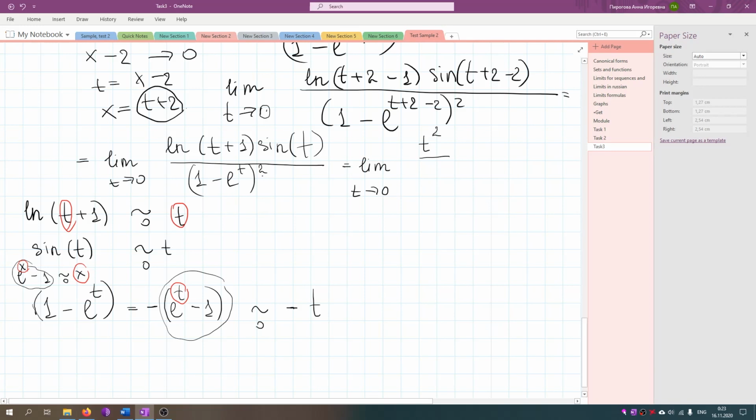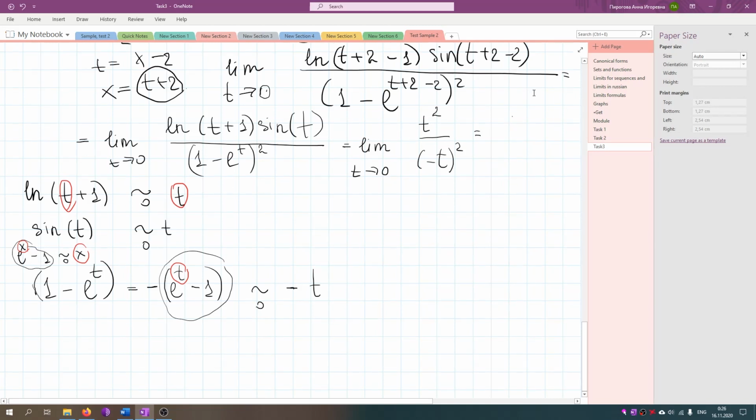And here we have the second power, and we computed that for the first power it will be minus t, so we take minus t into the second power, and finally we get that. So our limit will be 0. So that's it for the third task.